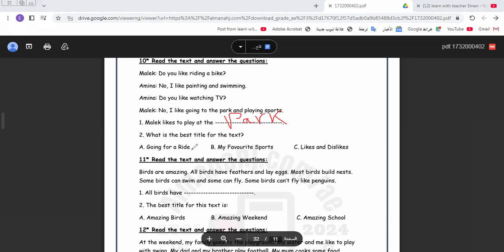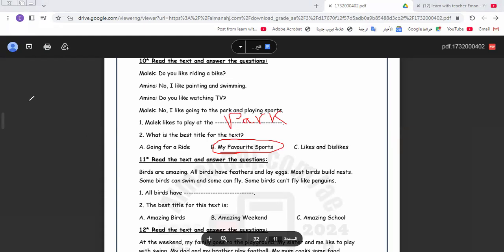Playing at the park. What is the best title for this text? Going for a ride, my favorite sport, or likes and dislikes? It will be my favorite sports.